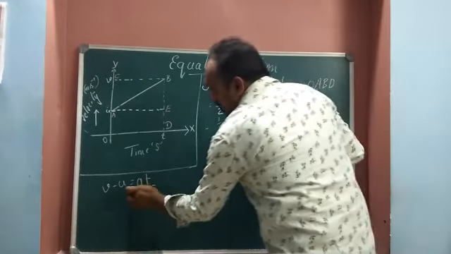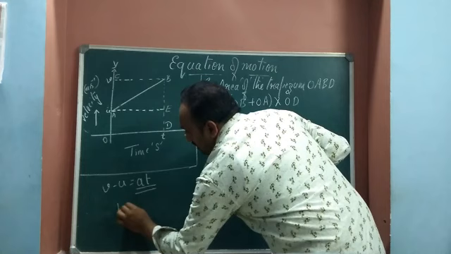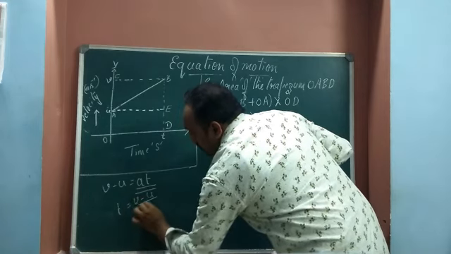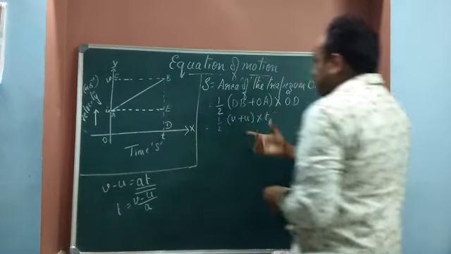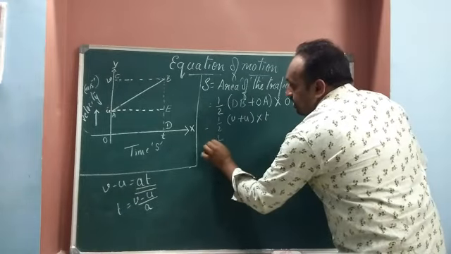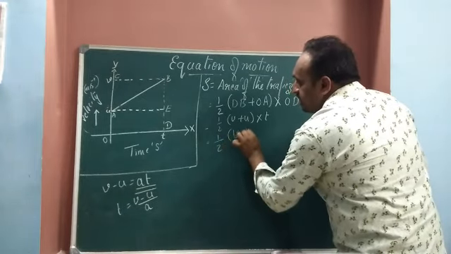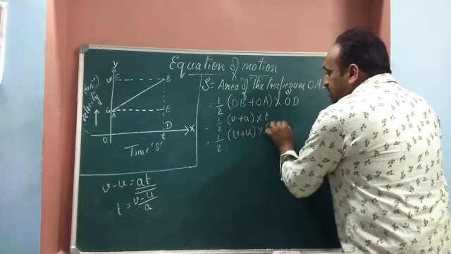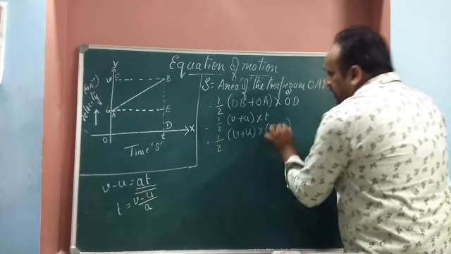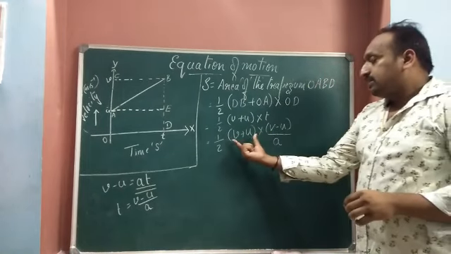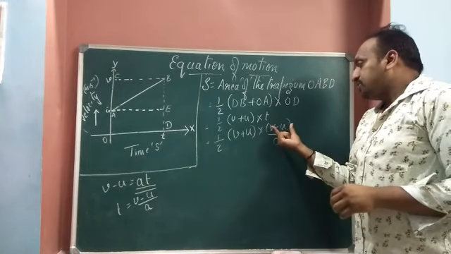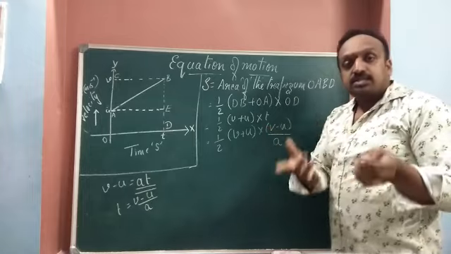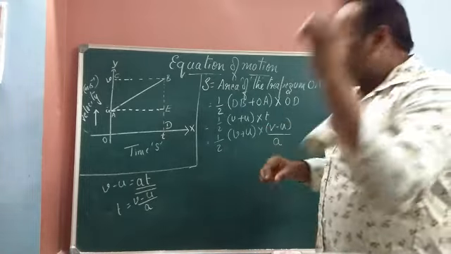So with respect to this formula, T will be equal to V minus U by A. Then substitute it. Half into V plus U into V minus U divided by A. See here, A plus B into A minus B is A square minus B square.